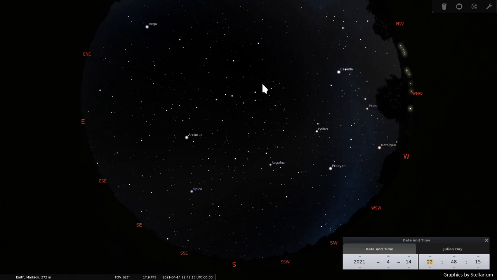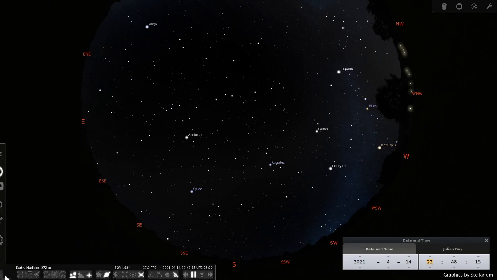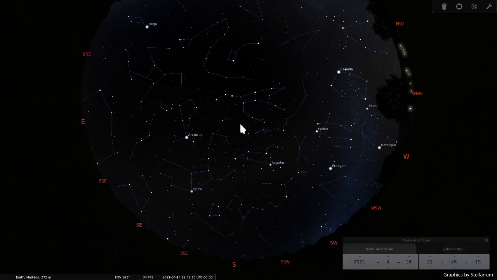Well, it's basically this area from Ursa Major here over into the constellation of Leo over here, and into, let's turn on the constellation lines here.